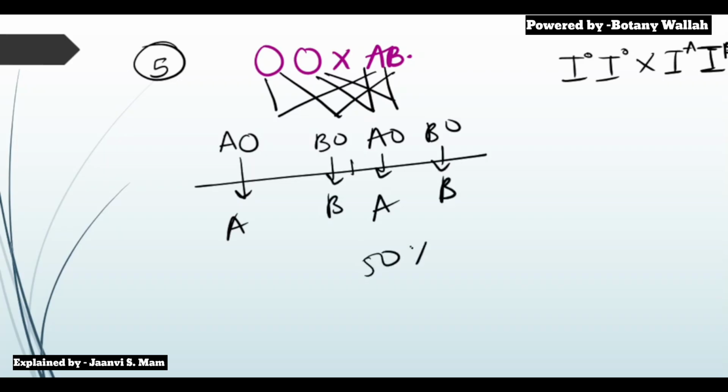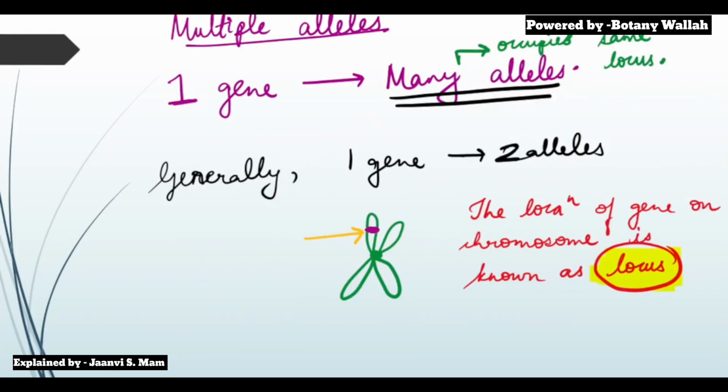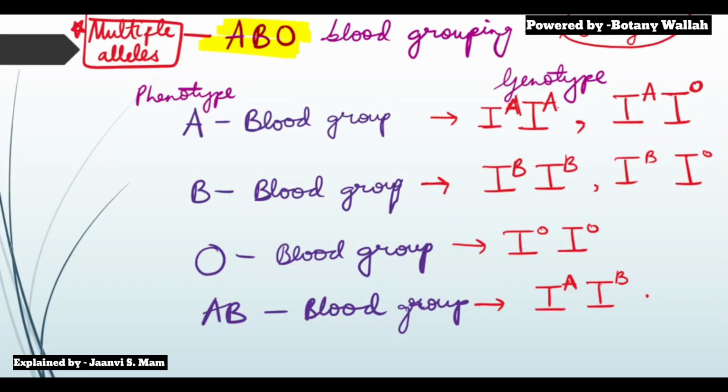Means you will have 50% A blood group and 50% of the children will have B blood group out of these two parents. So these are the 5 examples which I have taken, and this is all about the multiple allelism which you should know. Okay, this is all about that.